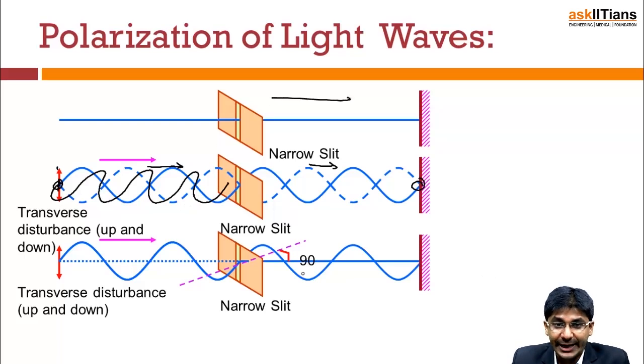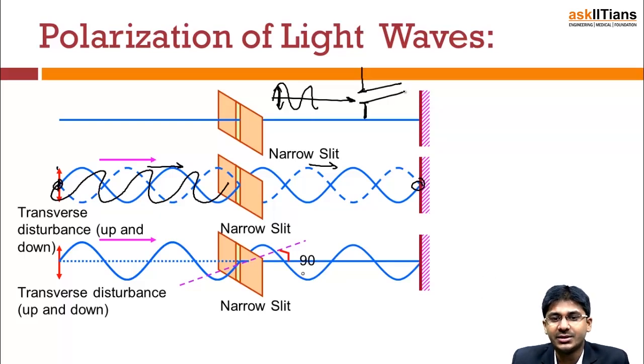Since a light wave has an electric field that is varying in this direction, and there is a magnetic field, we are considering the electric fields here. So if you put a slit here, it will be able to pass through.